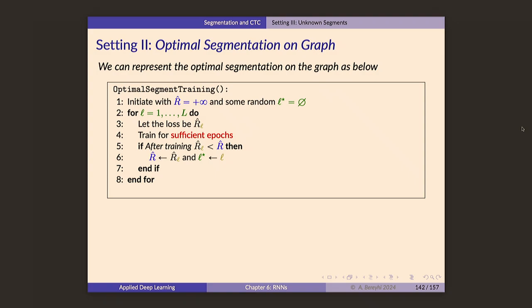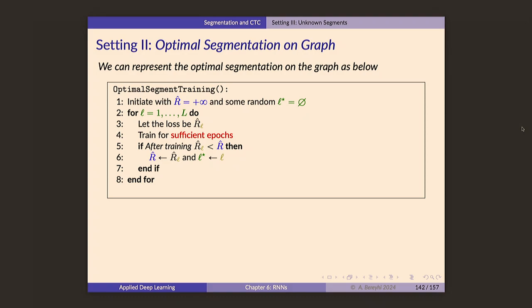If that loss is smaller than what I have saved, I say this is the better path. I copy that new loss into the blue r hat. This is now the best loss I got in my training, and that path is going to be my optimal path.